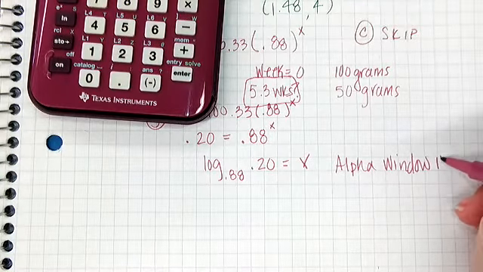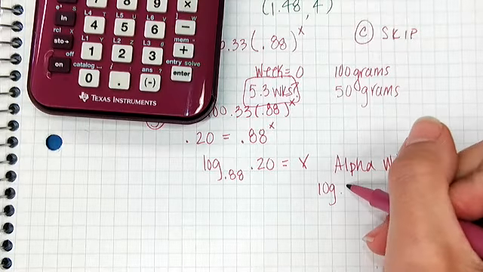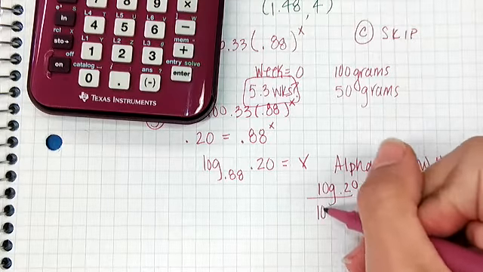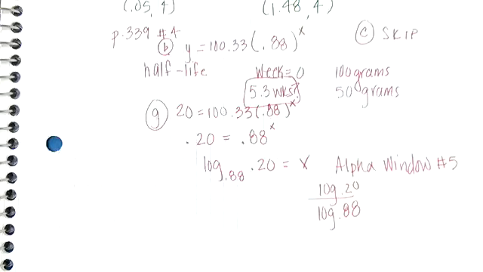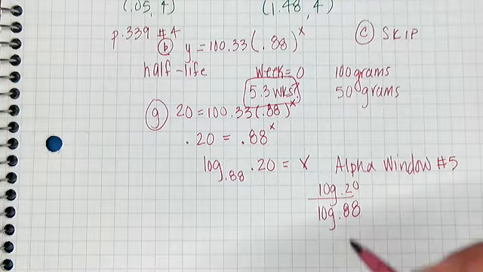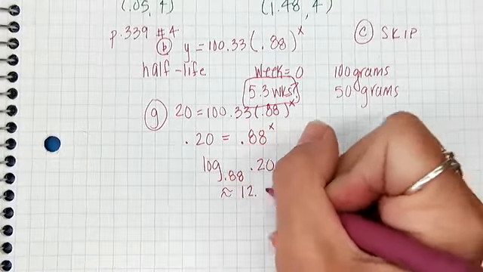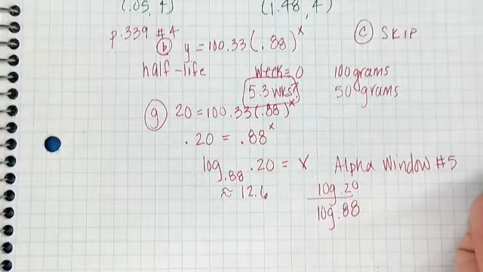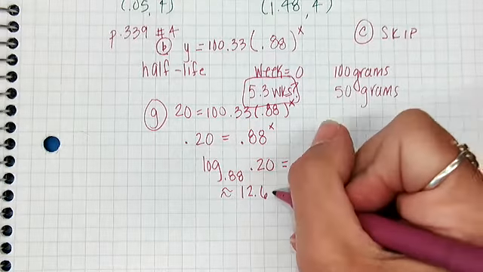I think many of you know this by now. Or you can plug into your calculator the log of 0.2 over the log of 0.88. So the answer to this was approximately 12.6 weeks.